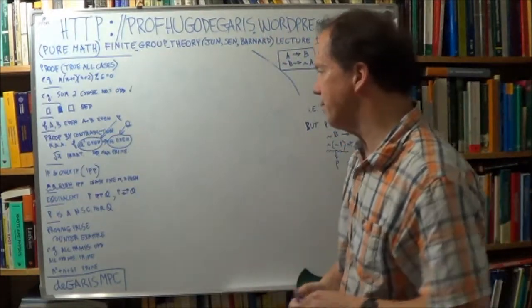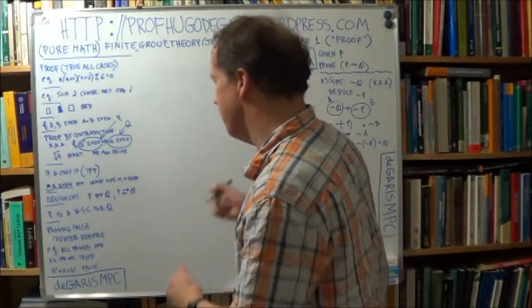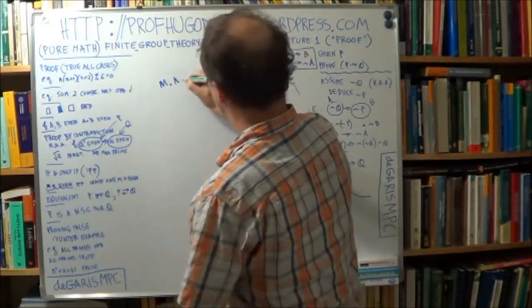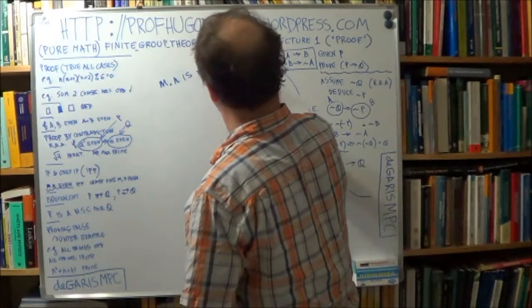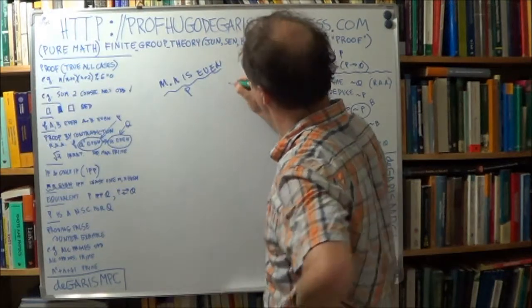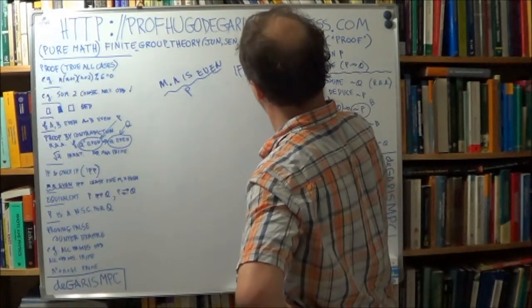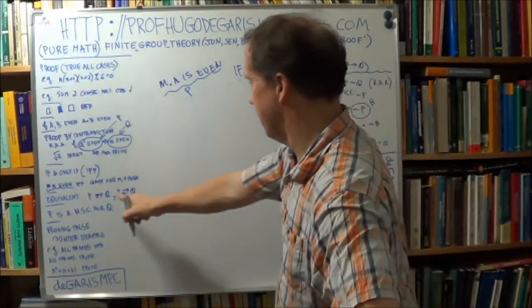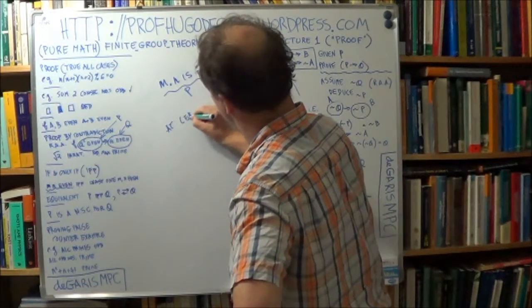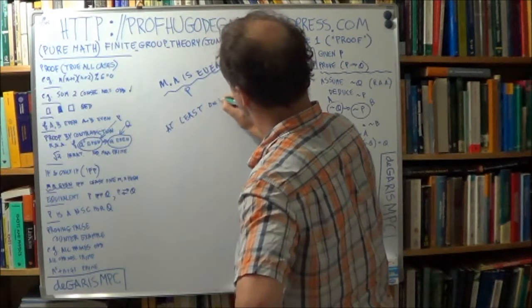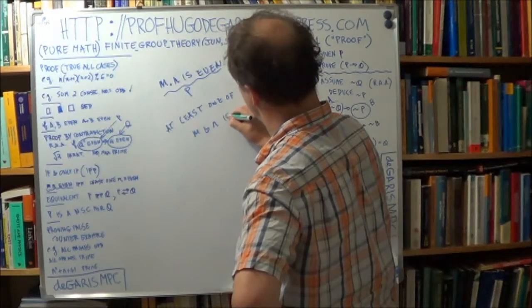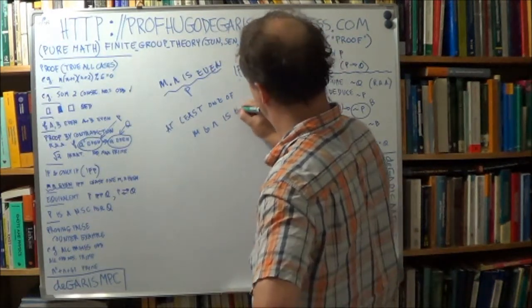Alright. Okay, so mn is even. Let's call that statement P. Right? If and only if at least one of m and n is even.